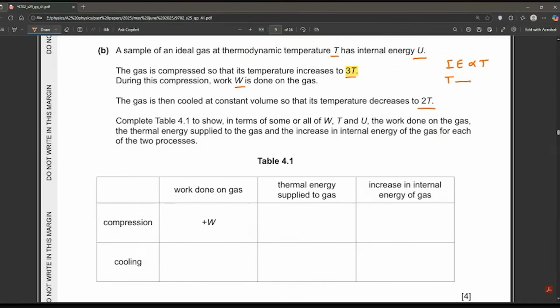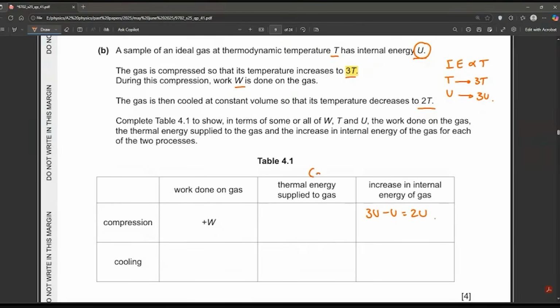If your temperature goes from T to 3T, your internal energy goes from U to 3U. Your initial internal energy was U. Your final internal energy is 3U. Can you calculate the increase in internal energy? 3U minus U is equal to 2U.